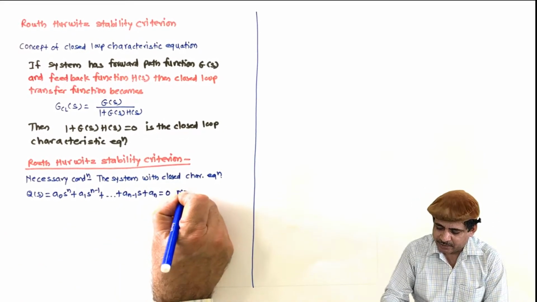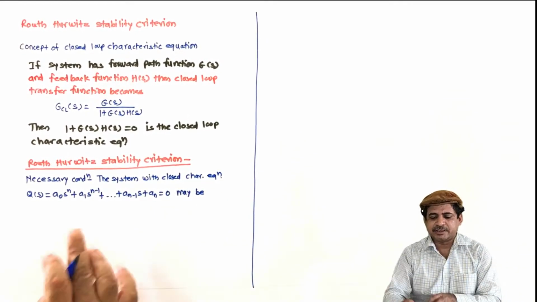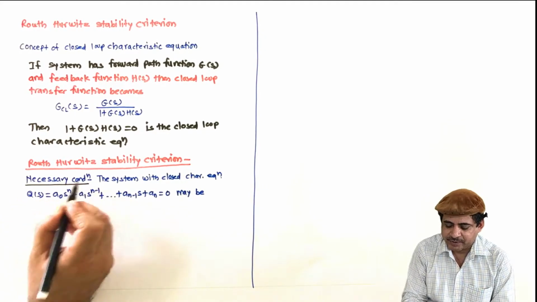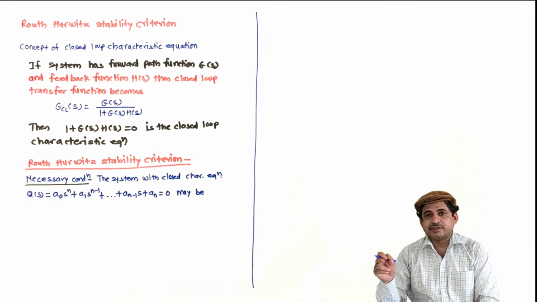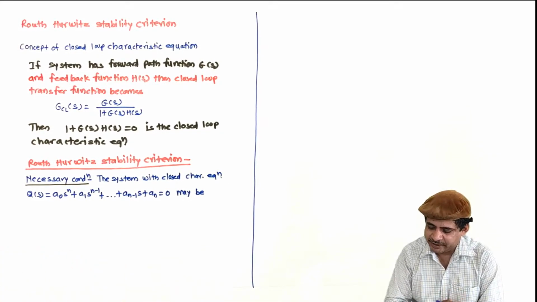This may be stable. Why may be stable? Because this is necessary but not sufficient. It means if this condition is satisfied, that doesn't mean the system is stable. But if this condition is violated, then definitely the system is unstable. That is why it is a necessary condition.